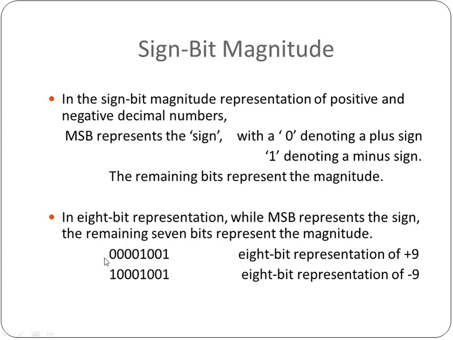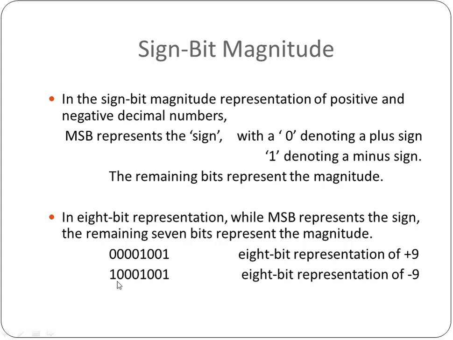For example, suppose in 8-bit representation, if it is a sign bit magnitude number, the MSB here is 0, which means the number is positive. And the remaining 7 bits show the magnitude of this number. So the number is 1, 2, 4, 8. 8 plus 1, 9. So this number is plus 9.